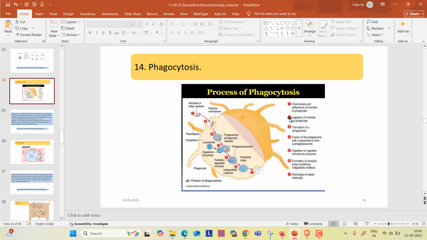First, chemotaxis and adherence of the microbe to the phagocyte, then ingestion of the microbe by the phagocyte, right? Then the formation of phagosomes, fusion of the phagosome with the lysosome to form a phagolysosome. Then in step 5, digestion of the ingested microbe by enzymes and formation of the residual body containing indigestible material, and discharge of this material by the exocytosis process.